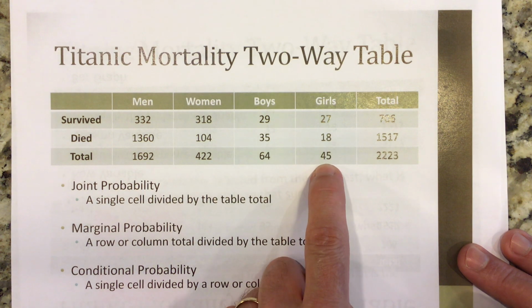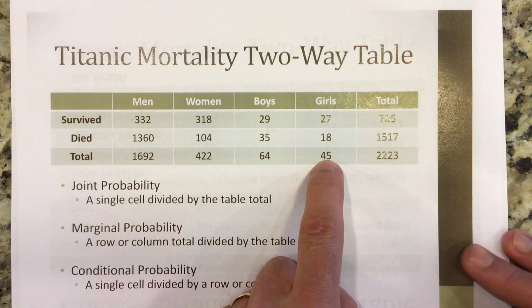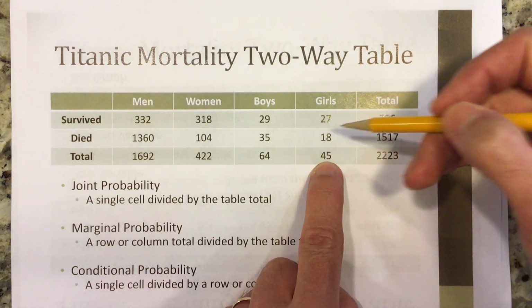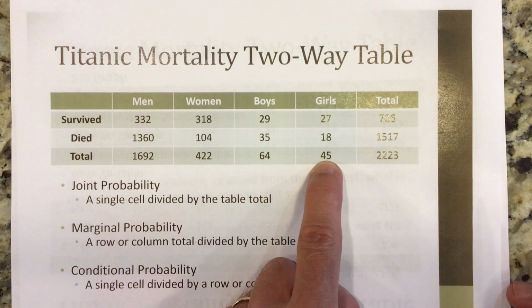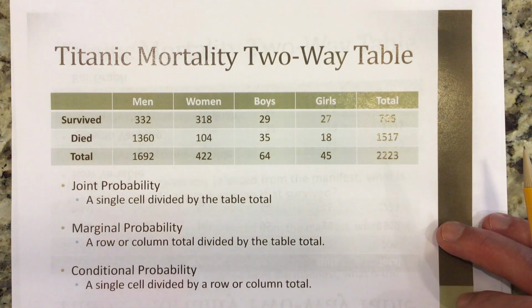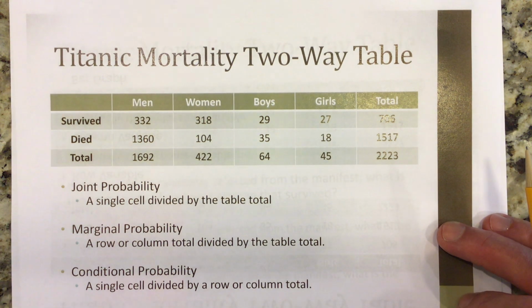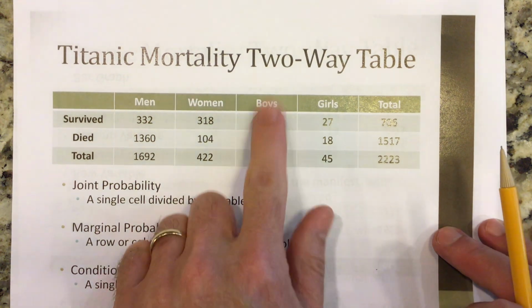So now I said I'm selecting a girl. So the 45 becomes, I have to be out of this column right here. I'm not dividing by the table total. I'm dividing by this column total. Okay, that's the condition. The condition is if I select a girl. So that's why we call it conditional. Okay, so those are the three types of probabilities that we'll see when we deal with two-way tables.